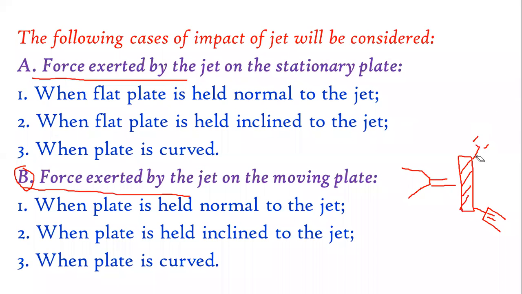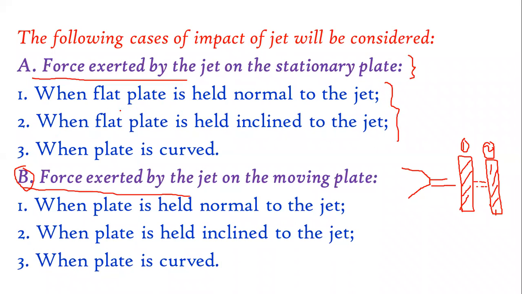For example, if the plate is not stationary and can move after the jet of water is impinged on it, say the plate has moved from position 1 to position 2 after the jet strikes the plate, that is our second case, or the B case. In each case, A and B, we are going to study three types.